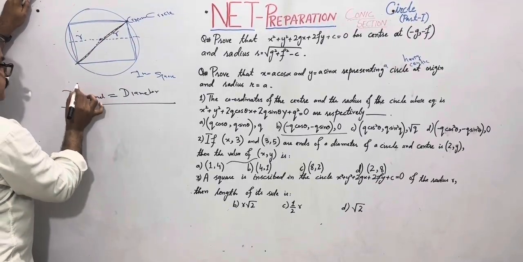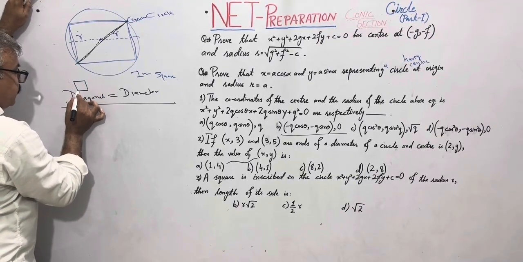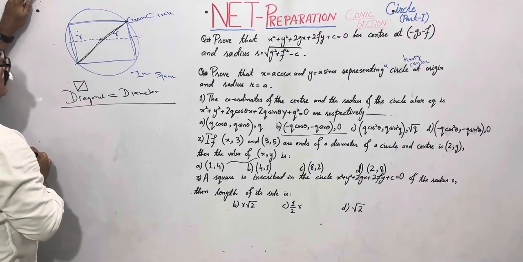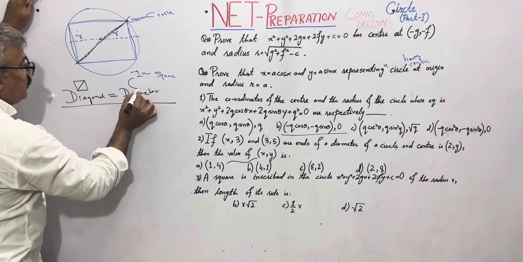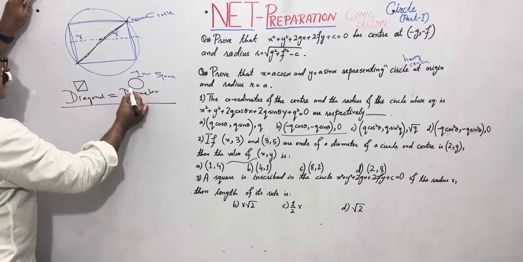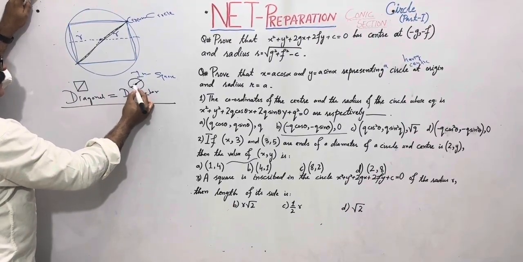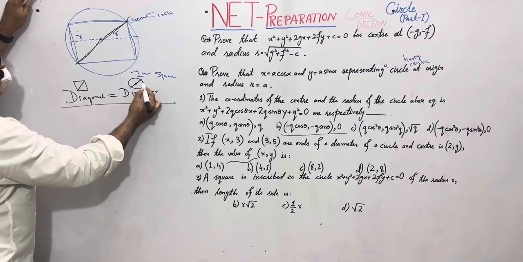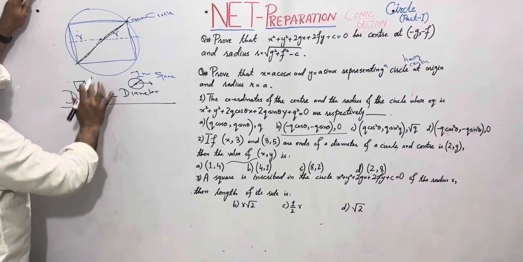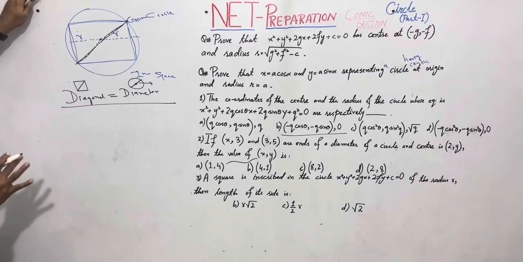If we check the same line, as it is passing through the center, this is a chord passing through the center. It's our diameter. Both are equal in that case. Diagonal is equal to diameter.